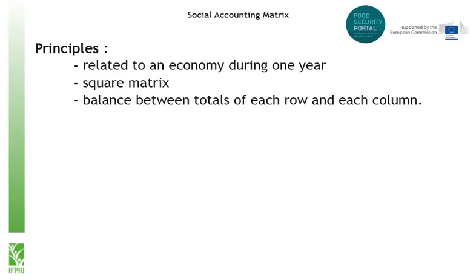And of course, you can imagine something different, a social accounting matrix for a quarter or for a period of 3 years or 5 years. The second point is the fact that you've got a square matrix. So it means that in a social accounting matrix, you've got as many rows as you've got columns.